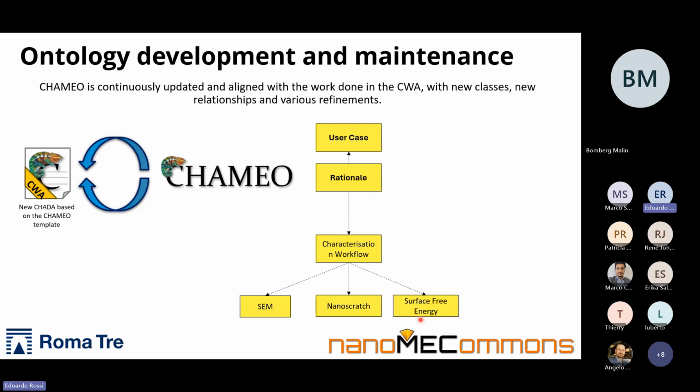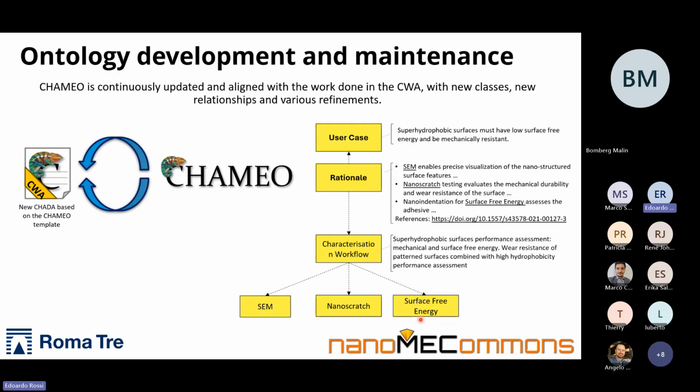This was an example on biocidal and bactericidal coating, so you have to understand how the surface itself is prone to adhesion with other materials. So here you see that what we have defined in the rationale and all the steps is what is needed to be written in the ontology.